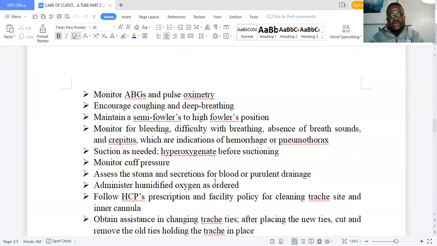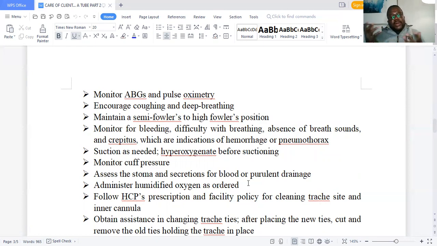Assess the stoma and secretion for blood or purulent drainage. Administer humidified oxygen as ordered. Most patients who are on tracheostomy are connected to an oxygen cylinder, and this oxygen has to be humidified, meaning it has to pass through water.